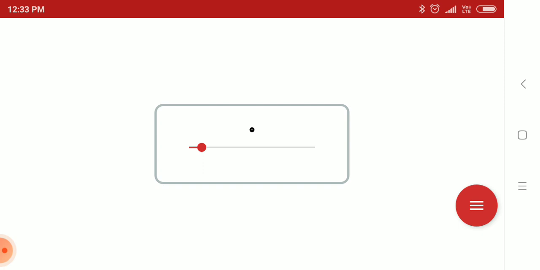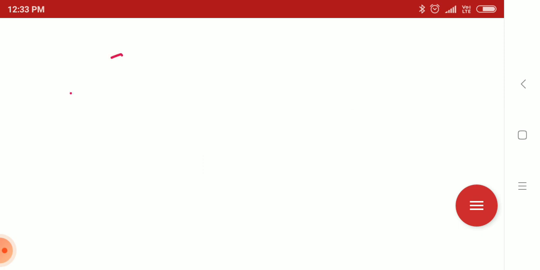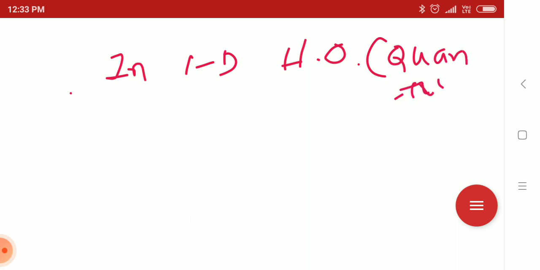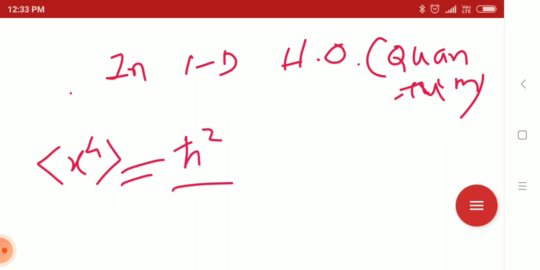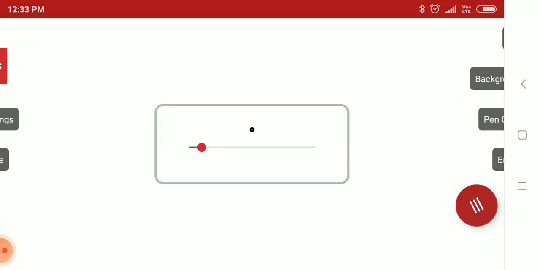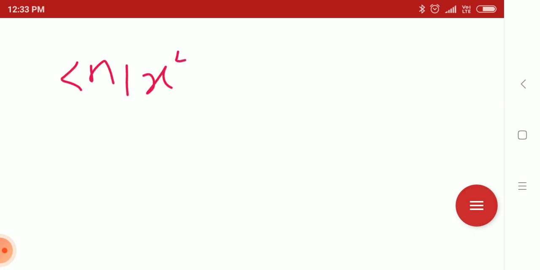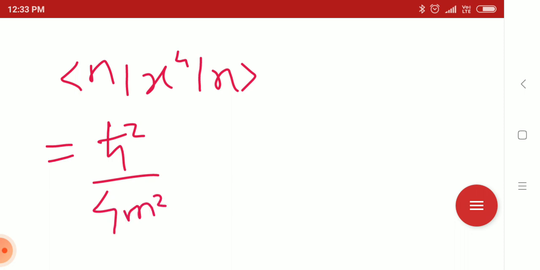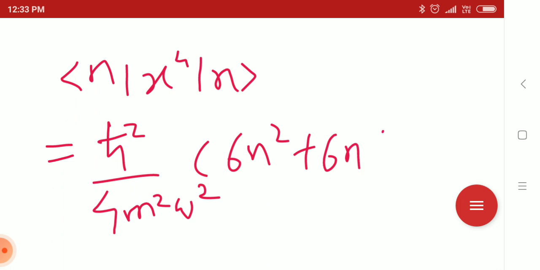The first formula you should know is that in the 1D quantum harmonic oscillator, the expectation value of x to the power 4, <n|x⁴|n>, is h cut square by 4m square omega square times (6n square plus 6n plus 3).